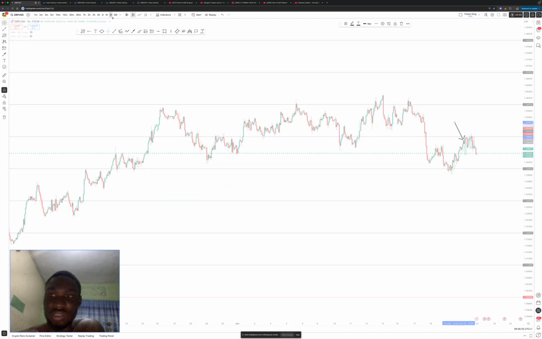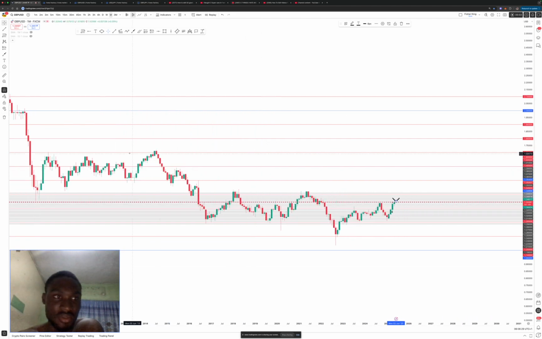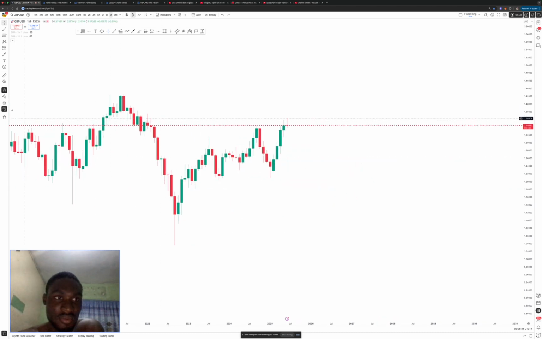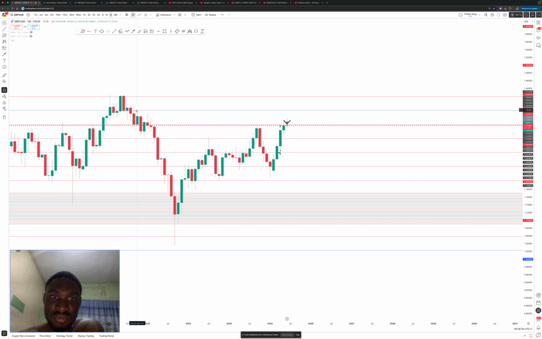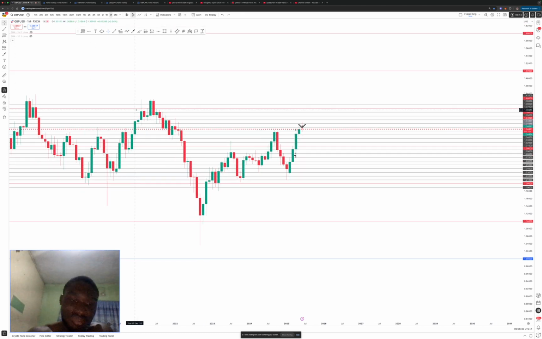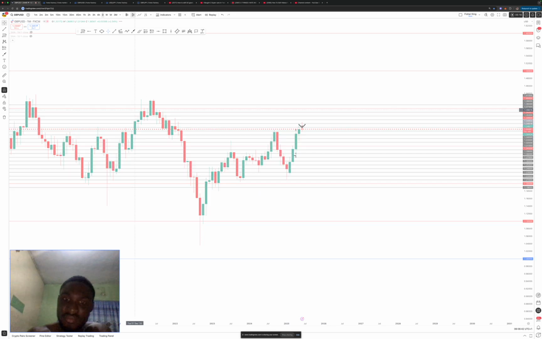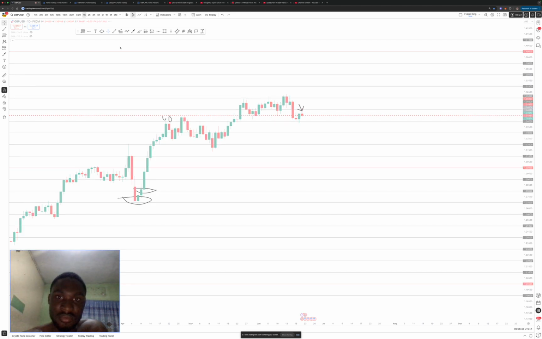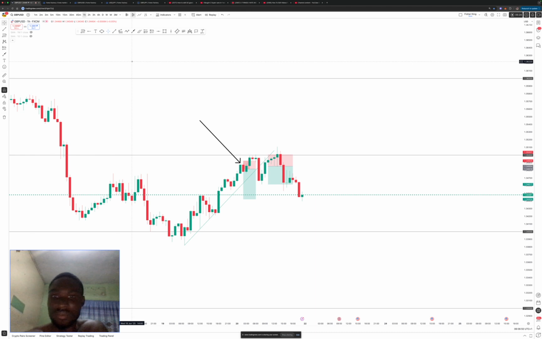If you go to the monthly, you better appreciate it. This is the monthly, so this is the cycle. This is the psychological level for 1 day, then 1 hour.